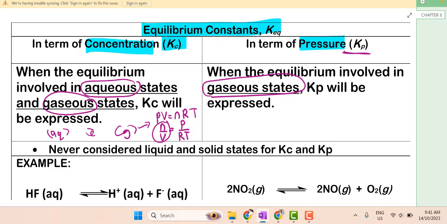Liquid will collide but not that much, so the pressure of liquid is not that much. That's why we only consider Kp, the equilibrium constant in terms of pressure, for gaseous state only. Only gas can collide with the wall of the container, so gas will have pressure.